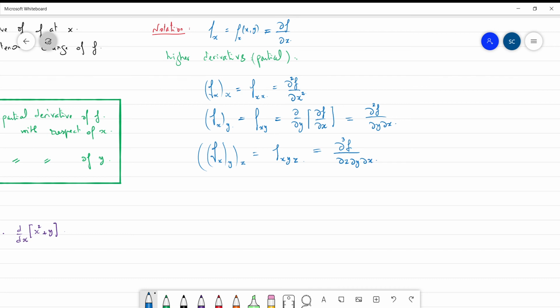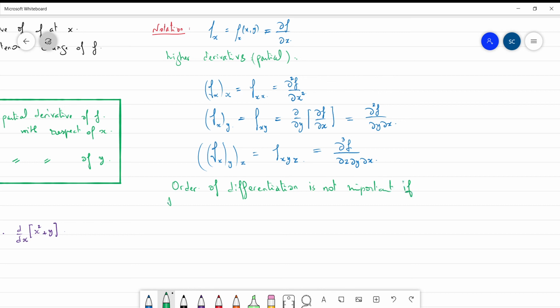As a remark about the order of differentiation: it is not important if your function is regular.